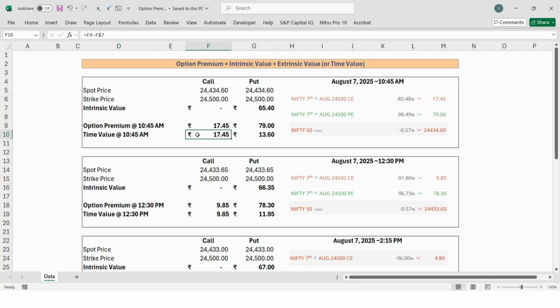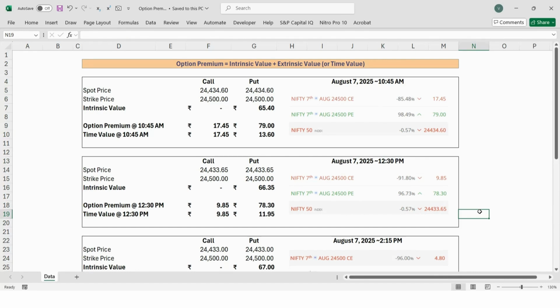Now, the purpose of capturing the same options for a later time shot was to explain to you how these numbers move. At 12:30 p.m., the market was almost at the same level. Nifty remained at 24,433, hardly any change, 1 point change.